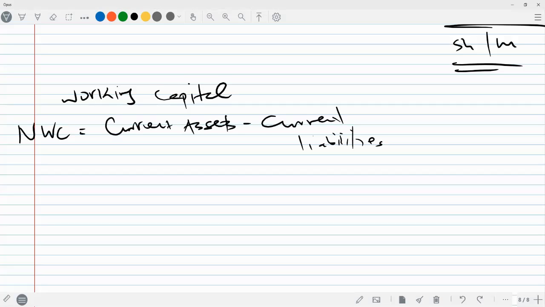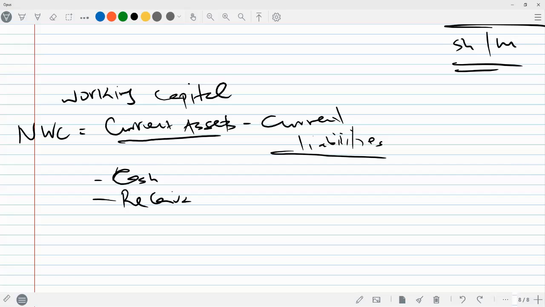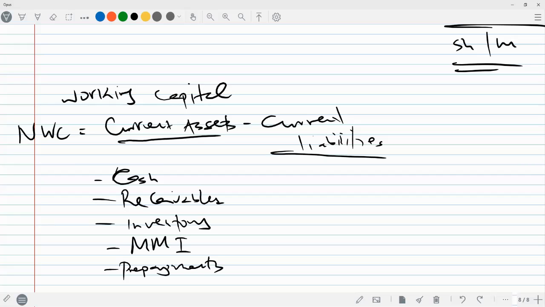So which means, therefore, working capital is what makes up current assets and what makes up current liability. What makes up current assets? We have cash, we have receivables, we have inventory, we have money market instruments, or money market securities, which I think you discussed already. We have prepayments, and many others.